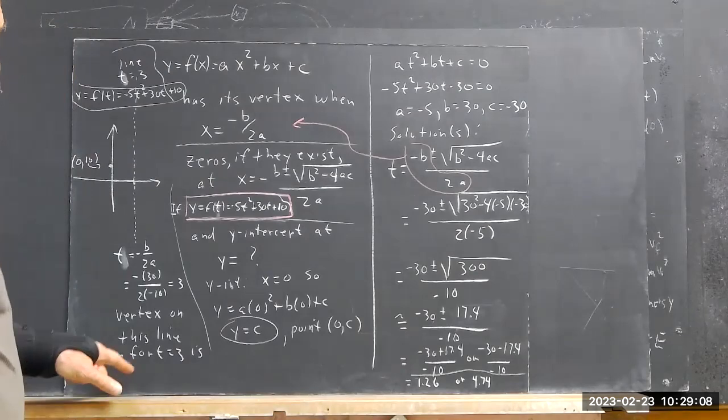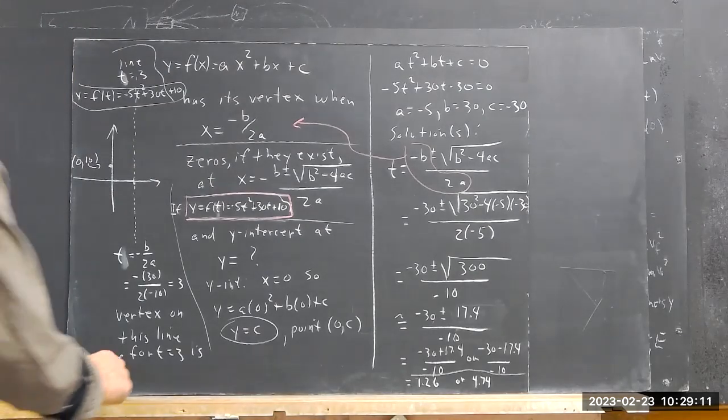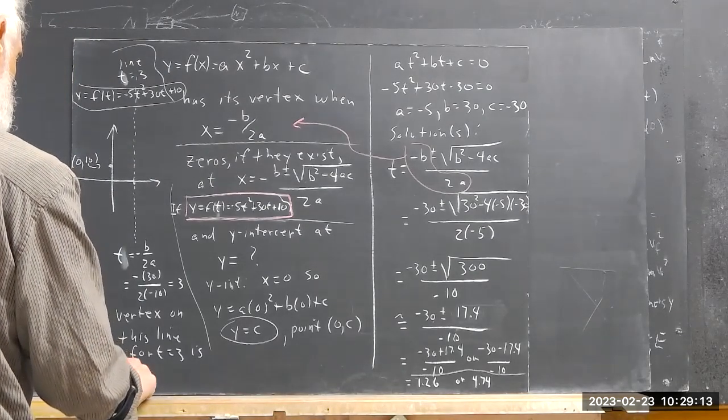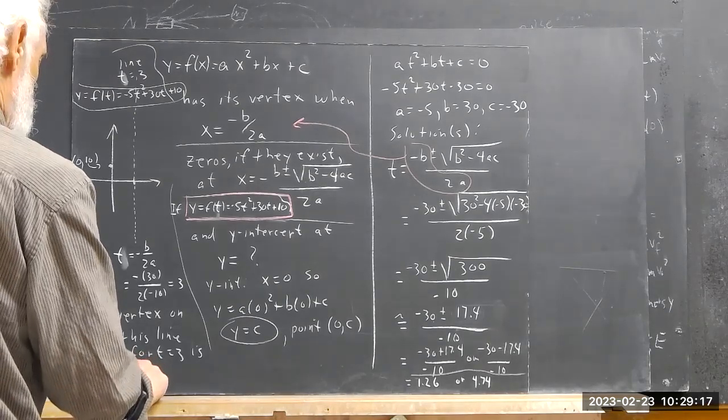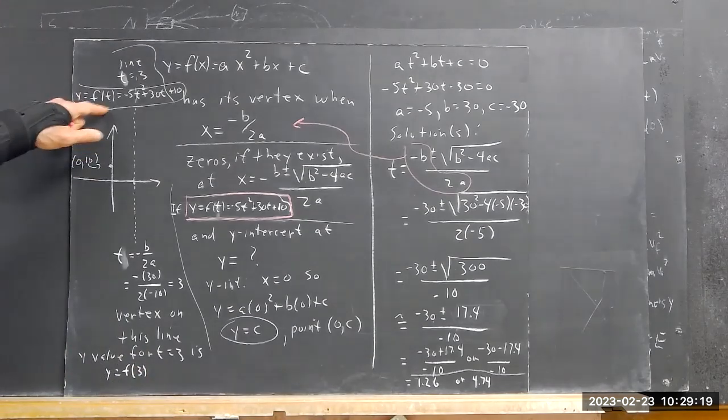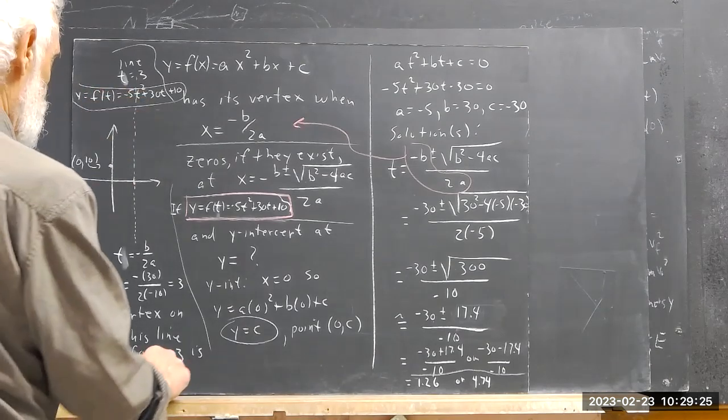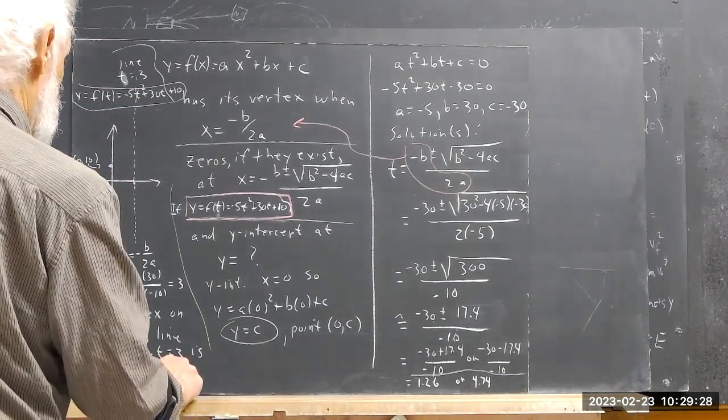So anyhow, the y value for t equals 3: this is f of t equals this, so it's f of 3. And of course, f of 3 means replace t by 3. We probably already knew that.